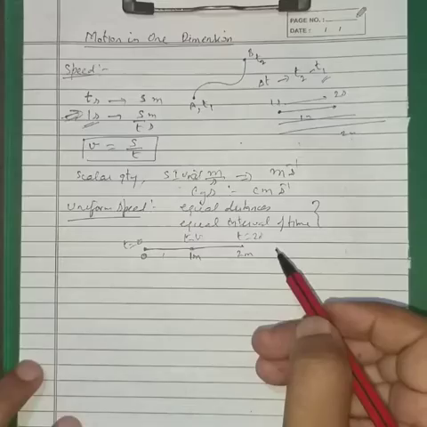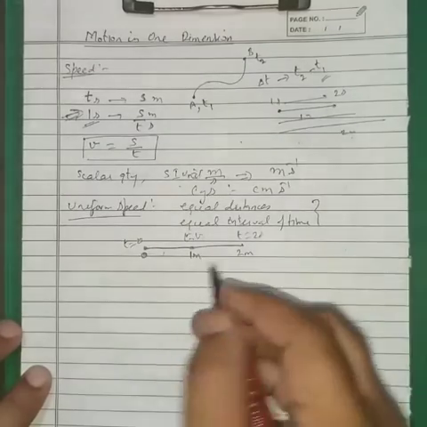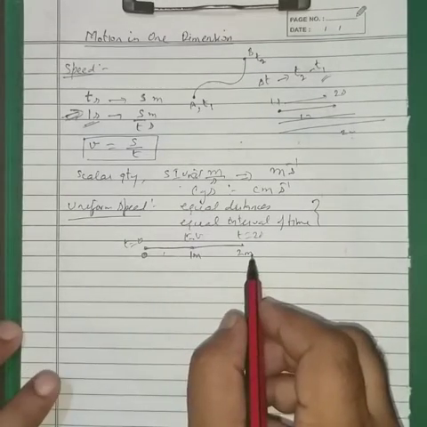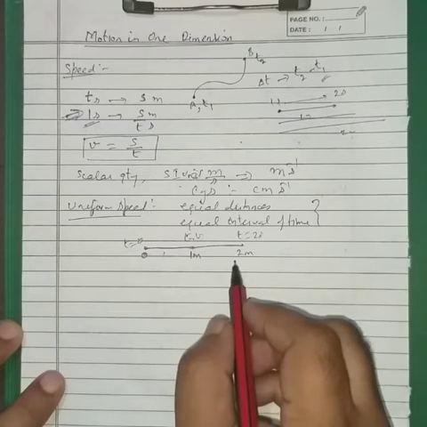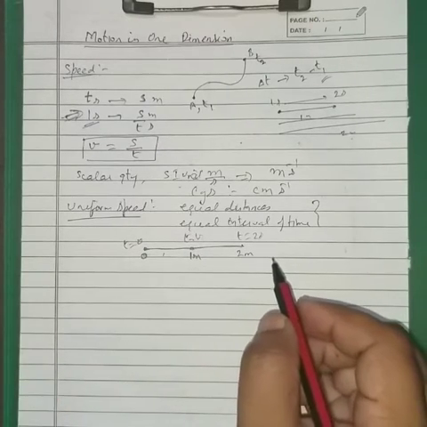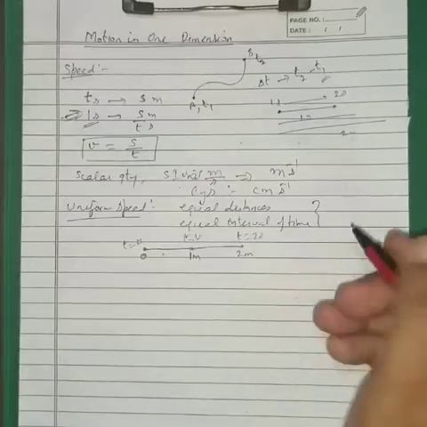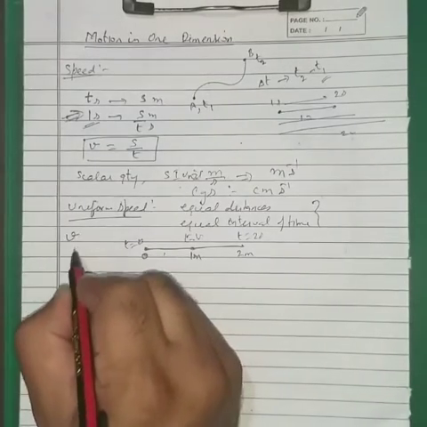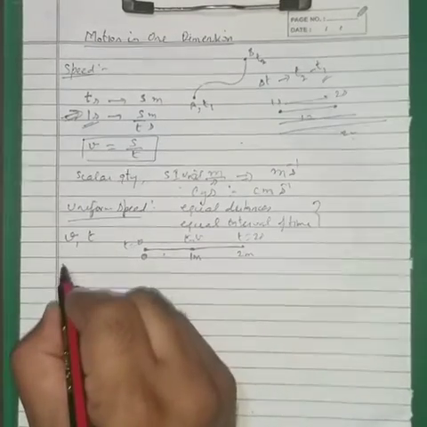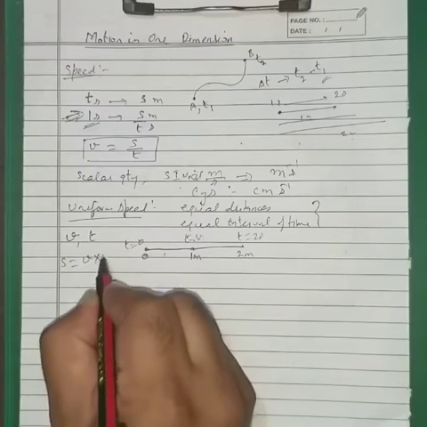This type of speed is called uniform speed, and in this case the total distance traveled by a body in time interval t, if it is moving with speed v, let us say the uniform speed is v, then in time t the distance traveled will be equal to v multiplied by t.